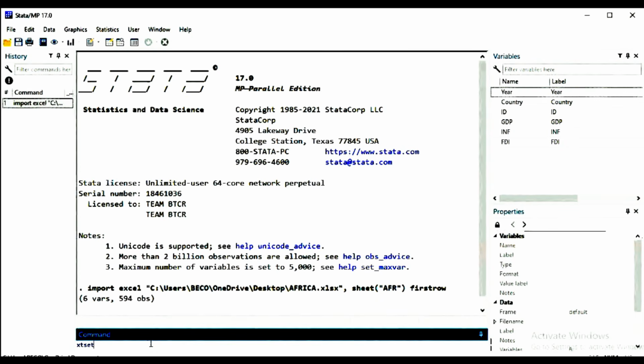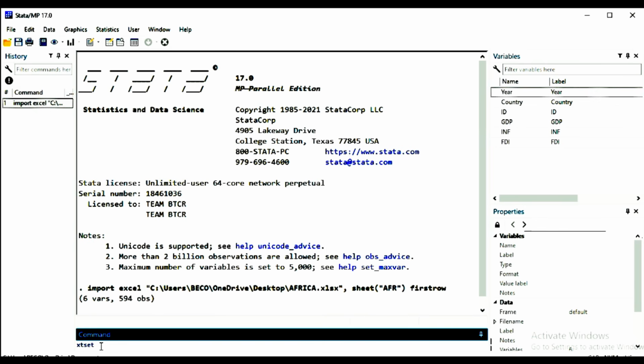That is nothing but the command to declare the panel data structure of our dataset. X represents the cross-sectional observation and T indicates the time observation, okay? And as we have said earlier, the countries were captured by artificial codes. So the cross-sectional identifier in our case is the country ID that is arbitrarily determined.